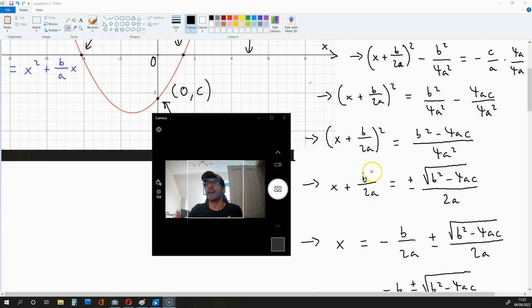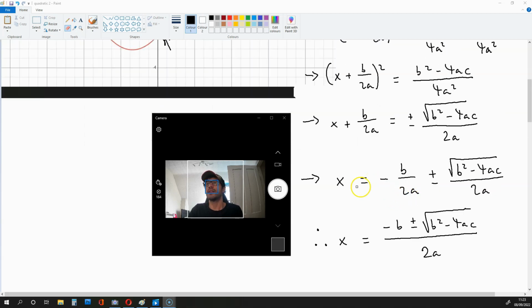Now, if we subtract b over 2a from both sides of the equation, what we end up with is x equal to minus b over 2a plus or minus the square root of b squared minus 4ac over 2a.